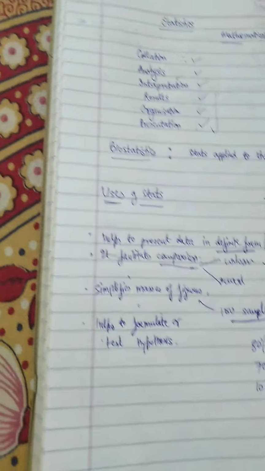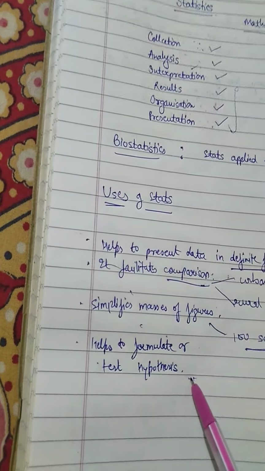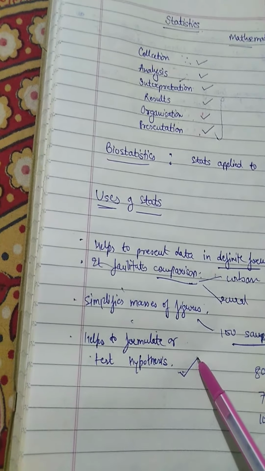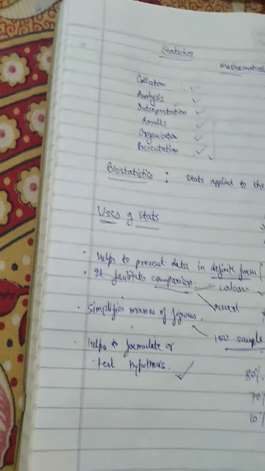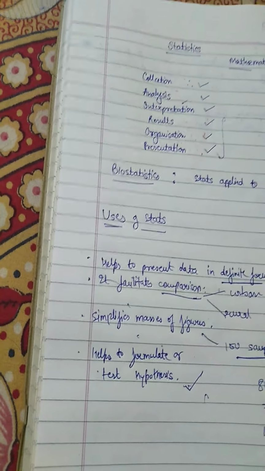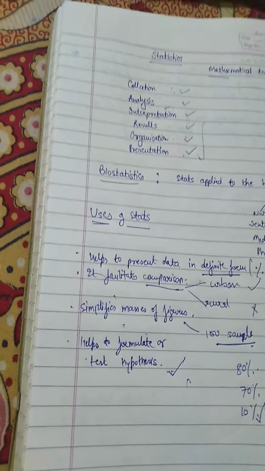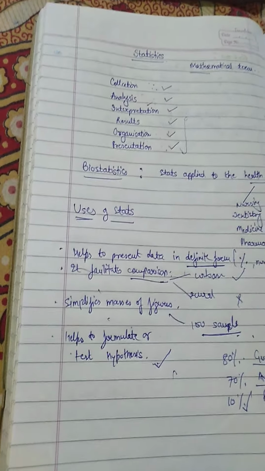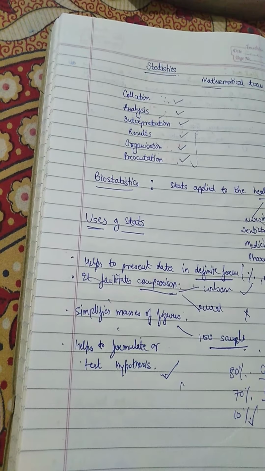When you are going to see the review of literature, for example, I am going to do a research on premenstrual syndrome, knowledge regarding premenstrual syndrome among childbearing women. So I'm going to see its review of literature. In the review of literature I have viewed that most of the women do not know about what premenstrual syndrome is, and 20% of them are having average knowledge.